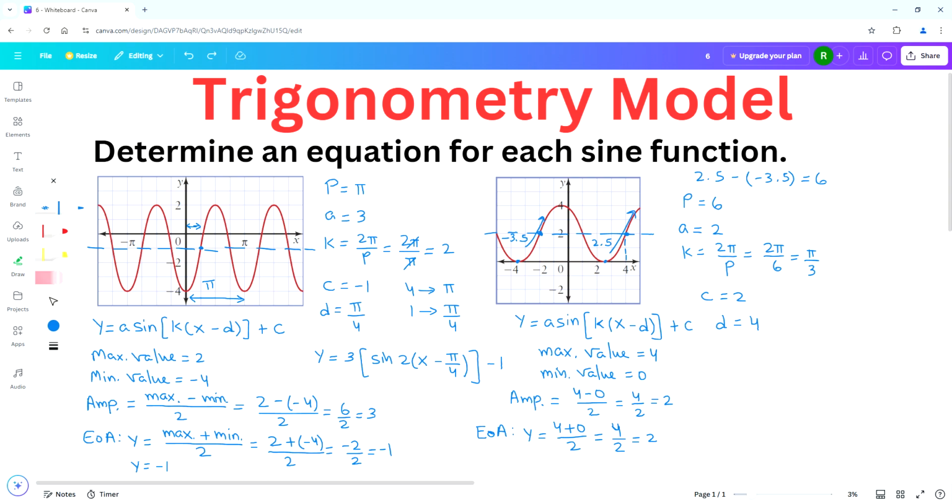Now we can use these values to write the equation of the function. This should be the final answer for the second given graph.